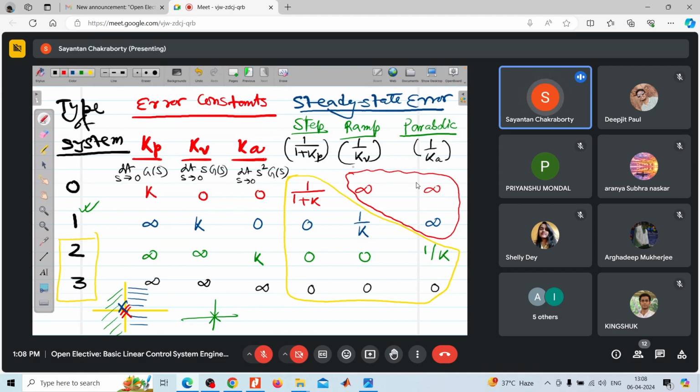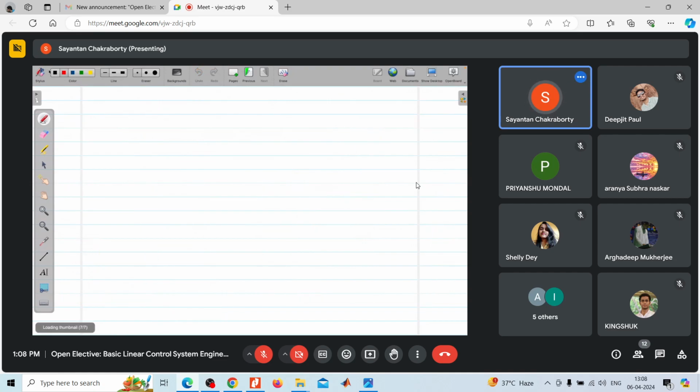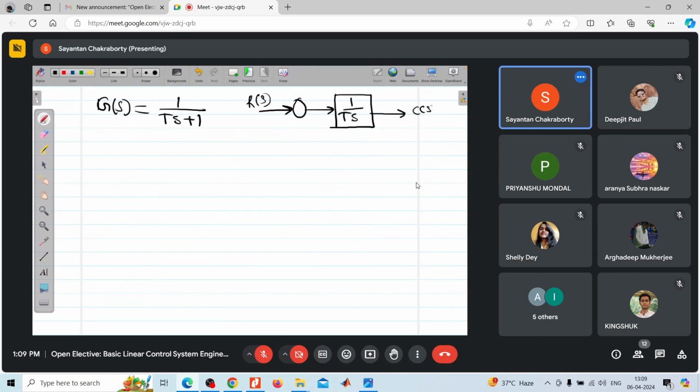So just take an example. I was talking about the steady state performance of a first order system. If you remember, the first order system G(s) was 1 by Ts plus 1, and we recast it in the form of a unity feedback. Remember that. So if this is your G1(s), the forward path transfer function, then G1(s) is equal to 1 by Ts.